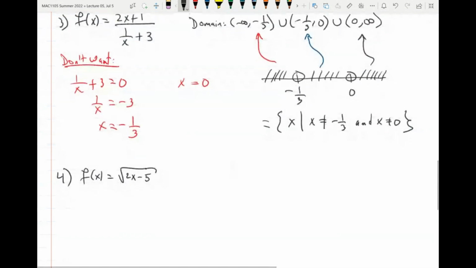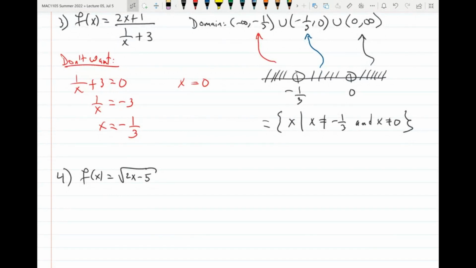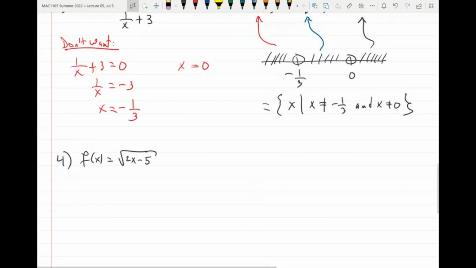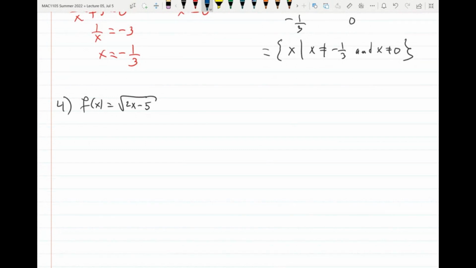Here it's kind of easier to just write down exactly what you want. In this case, I want this to be greater than or equal to 0. That's what it means to not be negative. So instead of writing what I don't want, I'm going to write what I want: the stuff inside the square root greater than or equal to 0.